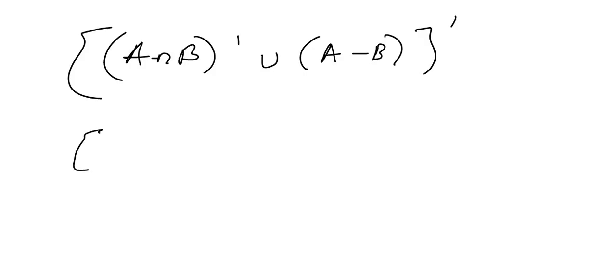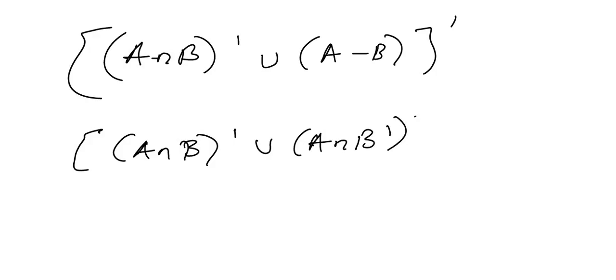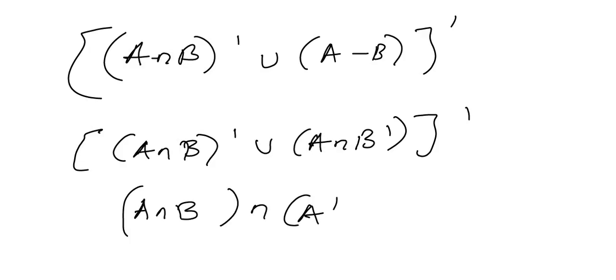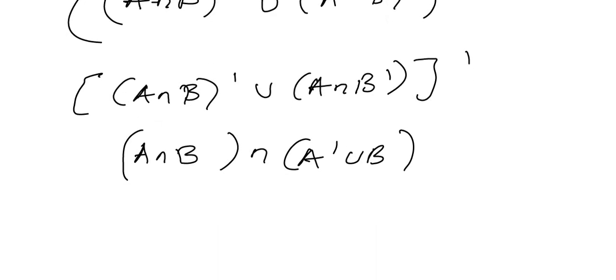So this is going to be A minus B complement, there's a complement outside, introduce the complement everywhere, that will be A intersection B, then intersect A complement union B. Yeah, so are you okay up to this stage here?